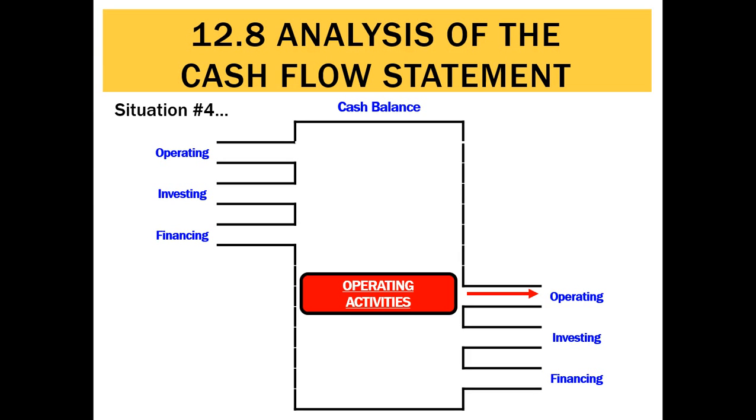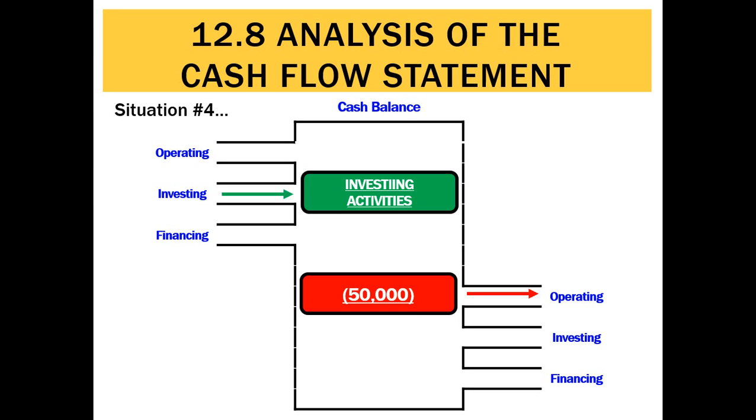Situation 4, we actually spend money on operating, 50 grand. We make money from investing, like we sell a lot of non-current assets. So far it should be cause for alarm. We should never have a net cash outflow from operating. We've lost money from running our business. How do we pay the bills then? We must have paid the bills by selling a bunch of non-current assets. We got 30 grand from that, but that's still not enough.